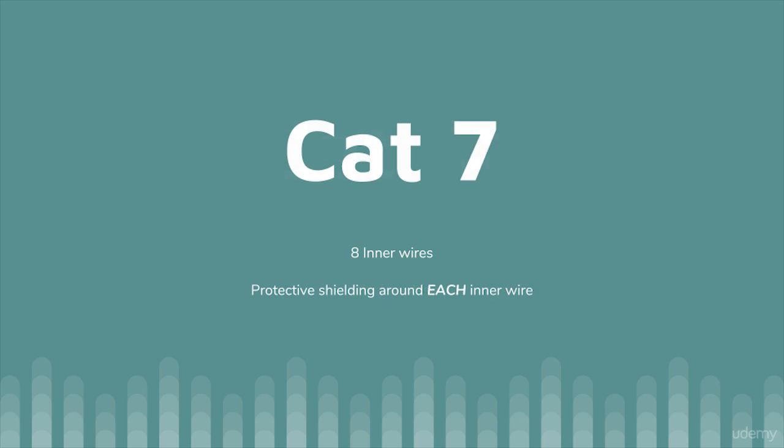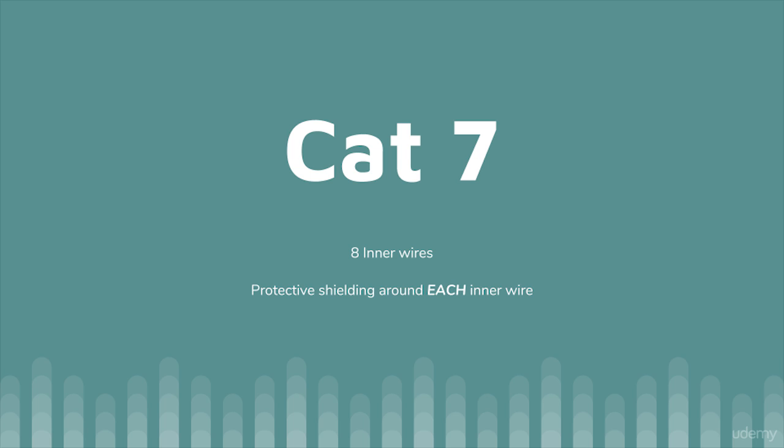Now we'll get to the CAT7 cables. This category of cable actually puts a shielding around each of the 8 inner wires inside, which even further limits interference. They're still rated at 10 gigabytes, but they've been shown to handle up to 100 gigabyte speeds in lab environments. They also have more than double the frequency of CAT6A cables.